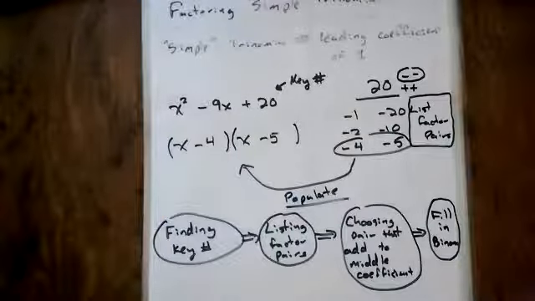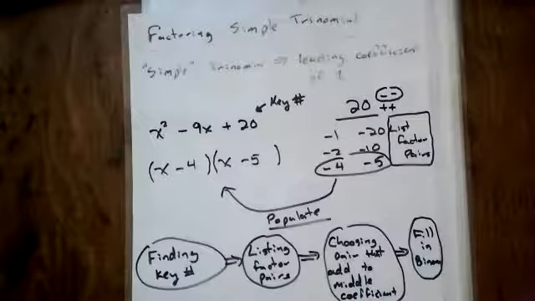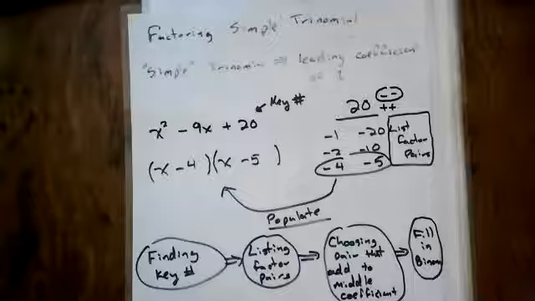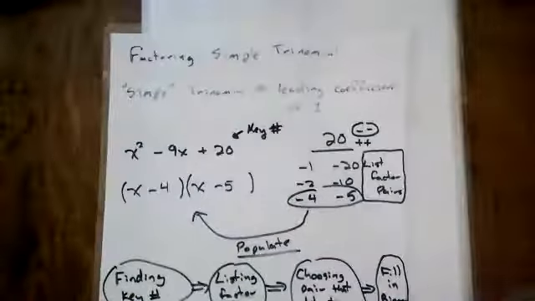So here is the longer answer on this. Here is why, and in a lot of ways, why we're doing what we're doing. And I'll show you why this works.